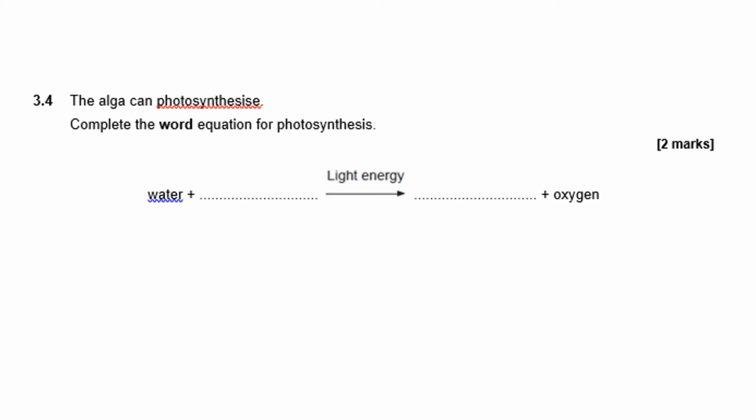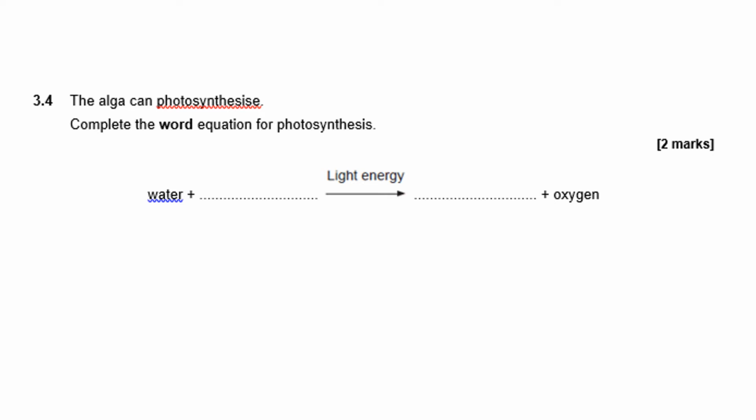So hopefully we know that for photosynthesis, it's water plus carbon dioxide, 1 mark, makes with light energy, glucose and oxygen. 1 mark for glucose, 1 mark for carbon dioxide. Now they've put in bold here, complete the word equation.